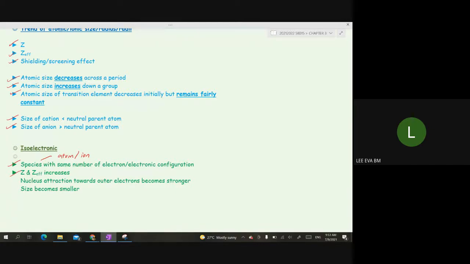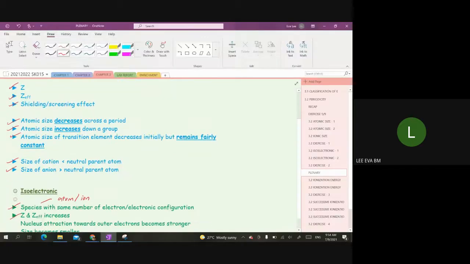Macam tadi, example tadi kan, C4+ with N3-, kita bandingkan electron. So when you're talking about electrons, talk about electron repulsion, talk about the electron cloud, and then how it affects your nucleus attraction. Okay, so any questions until this part? We have already finished.